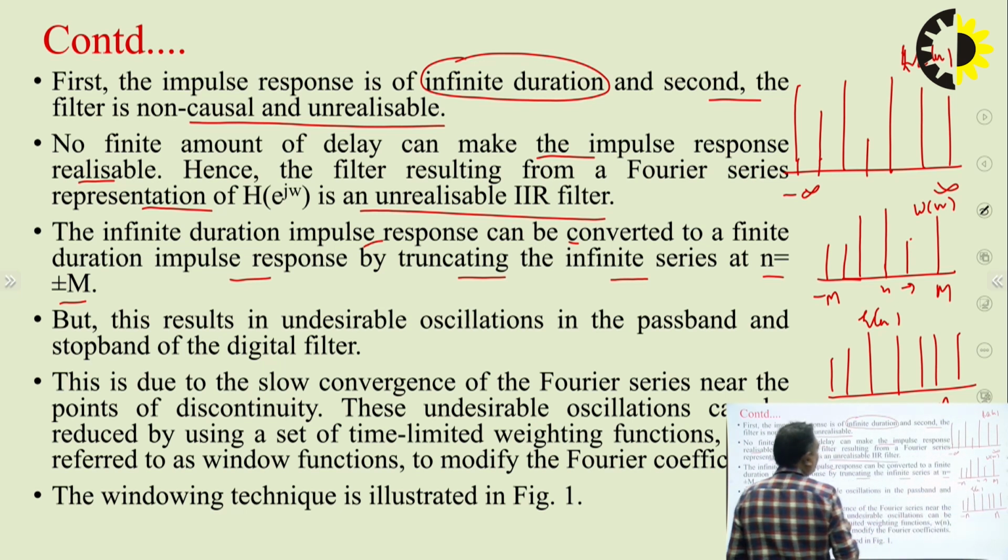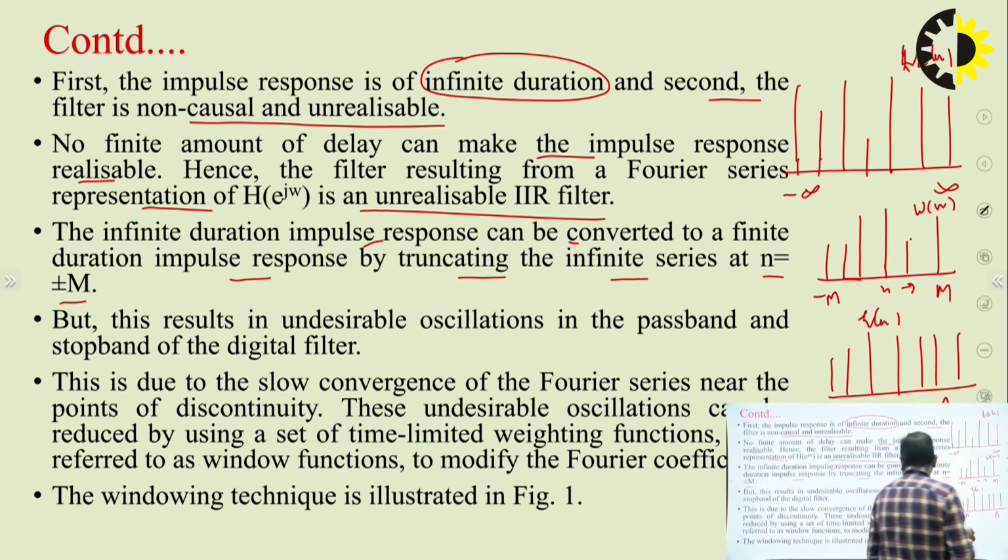Because we are truncating the infinite duration impulse response with a window function, which abruptly truncates it. When the truncation is abrupt, undesirable oscillations will be found. This is due to the slow convergence of the Fourier series near the point of discontinuity.